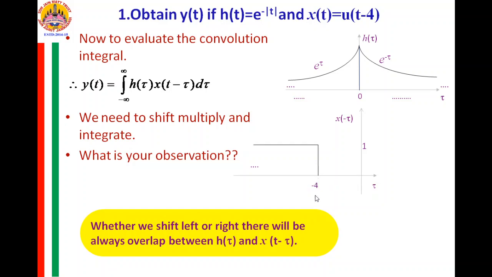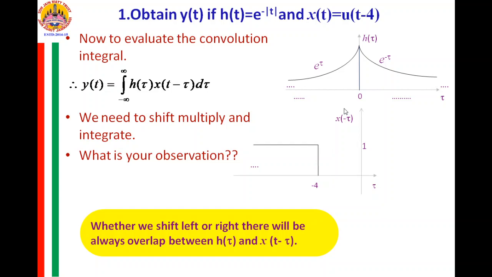Now this is x of t minus tau. So you observe that when t is equal to 0, this end is minus 4. If you shift by one amount to the left, you will get minus 5. So that time it will be x of minus 1 minus tau, and this will exist up to minus 5. If you shift this by one amount to this side, this will become x of 1 minus tau, and it will exist up to minus 3.